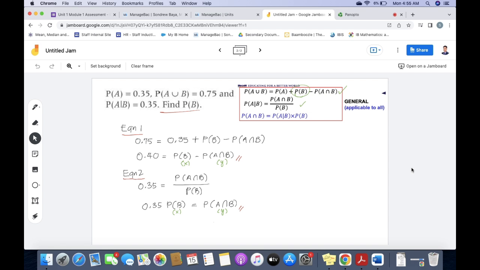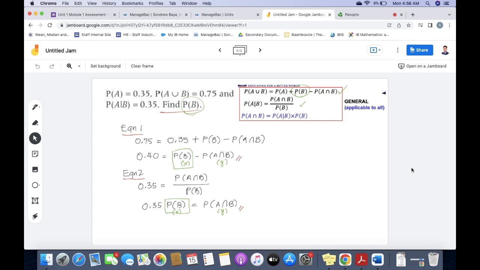Putting in mind that we want to solve for the probability of B, when we apply the methods of solving simultaneous equations, we have to make sure that the probability of B, this variable, should not be eliminated, should remain as is. What we have to eliminate is the variable, the probability of A intersection B. It's either we use the substitution method or the elimination method.